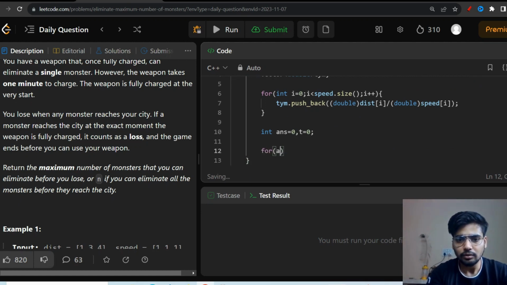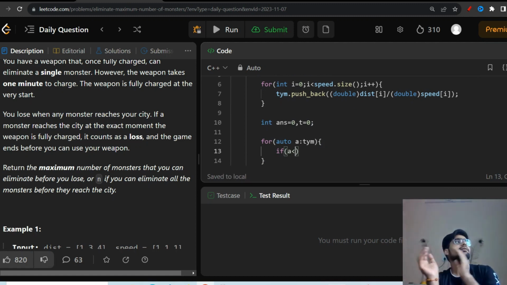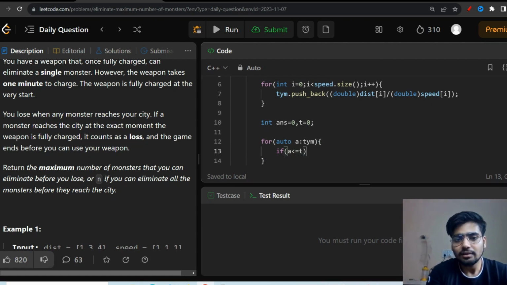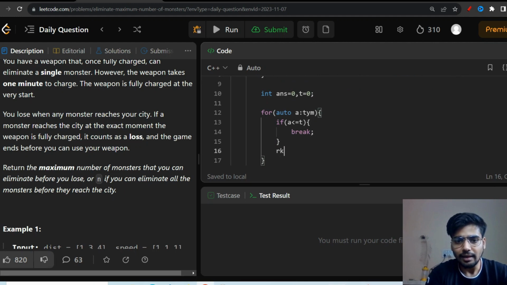Now we use auto a in time, and we just have to compare कि if our time is more than the a in our time array, which is the time taken by a monster to reach the city, मतलब our time is more, so we lose because the monster reaches, else we eliminate it.